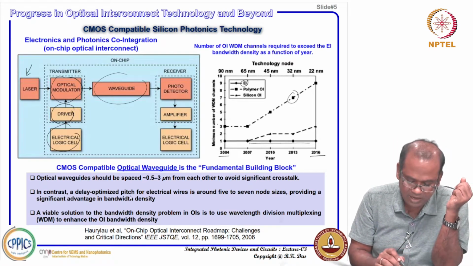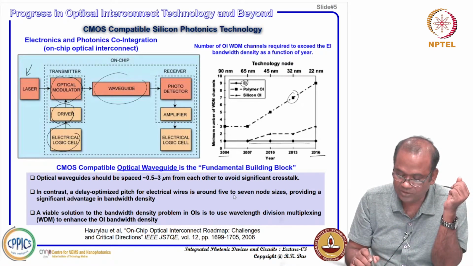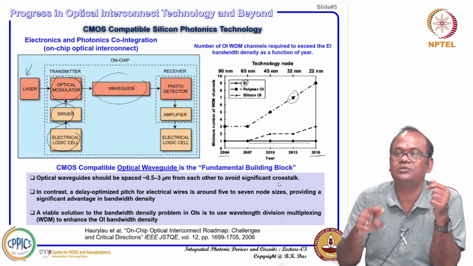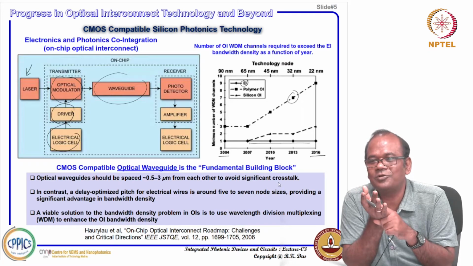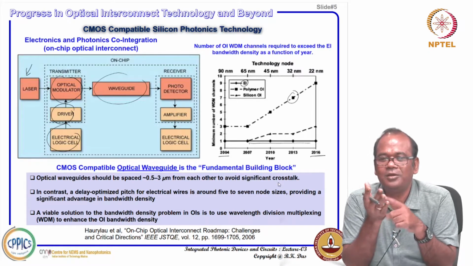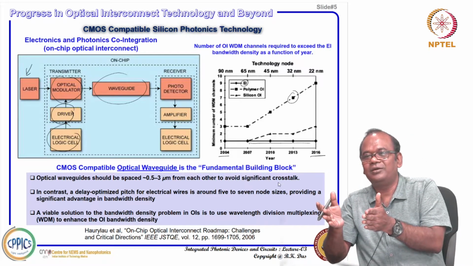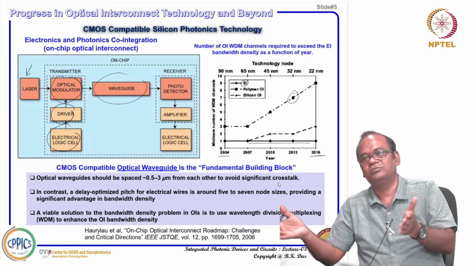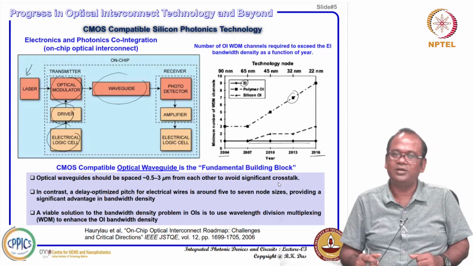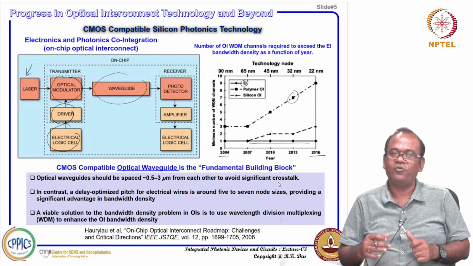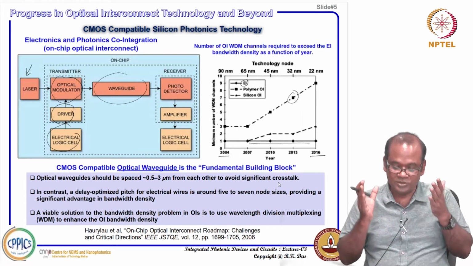In contrast, a delay optimized pitch for electrical wires is around 5 to 7 times the node size. Suppose you are talking about a 10 nanometer technology node in the CMOS fabrication process, your interconnect separation can be just 5 to 7 node, say 70 to 100 nanometer, spacing is sufficient. But whenever you introduce a waveguide, more spacing is needed.